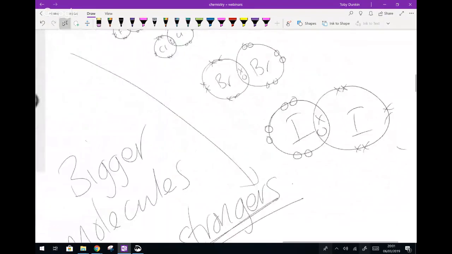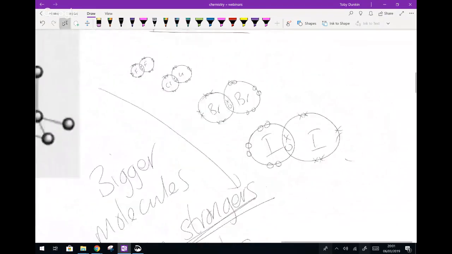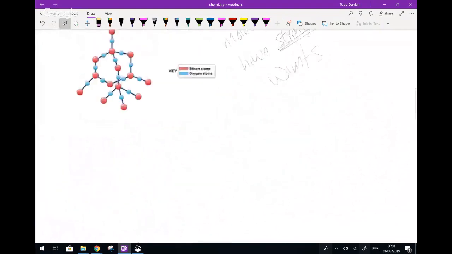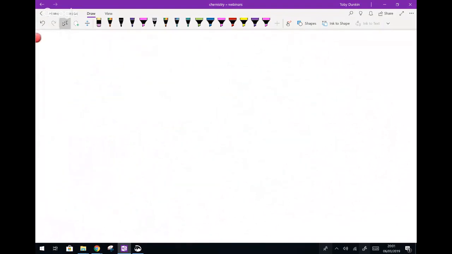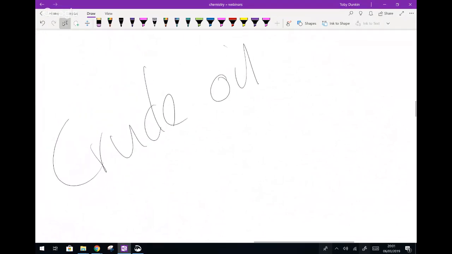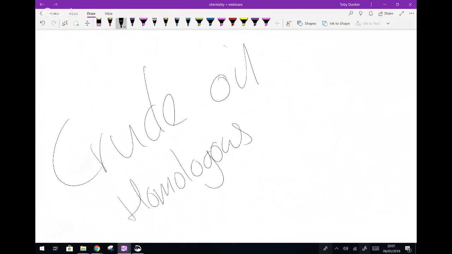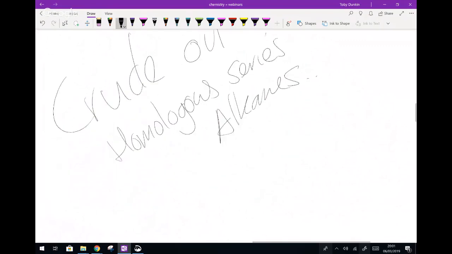Now, it links into group 7, but it also links in, of course, to crude oil. So this makes the appearance in crude oil. In crude oil, we know that we have the homologous series. Gotta love that. Homologous series of alkanes. And what happens is they get longer.